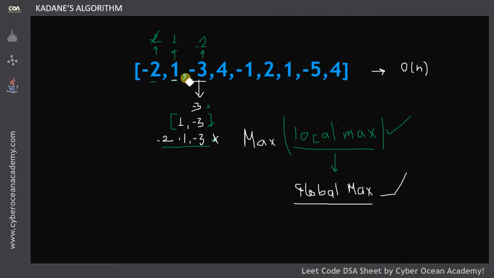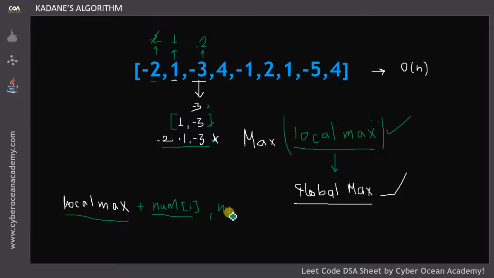So what we actually do is every time add the value to the local maximum. Maybe the value added to the local maximum is our new local maximum, and maybe the new value, nums of I, the current value, is itself a local maximum. So this is also an option.